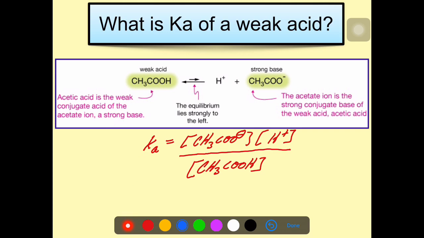There's one more parameter which is used to express the strength of an acid or a base, and that is pKa, which is defined as negative log of Ka. So exactly like pH, if the Ka is large, then the pKa is small, and if the Ka is small, then pKa is large.